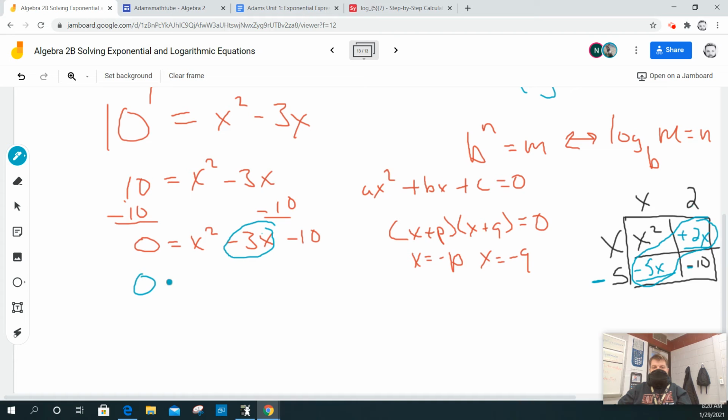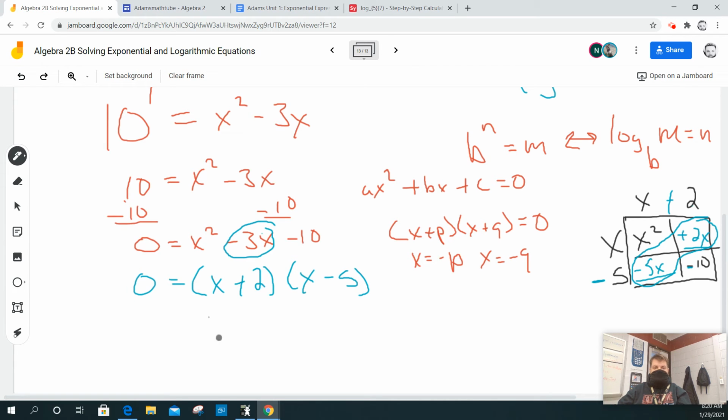In other words, this is equal to x plus 2 times the quantity x minus 5. So in the next line, in order to get 0, both things in the parentheses have to equal 0, right? So, oops, I'm getting ahead of myself.